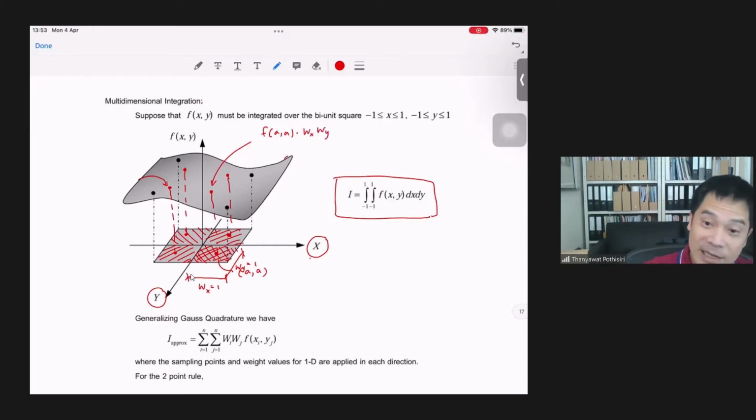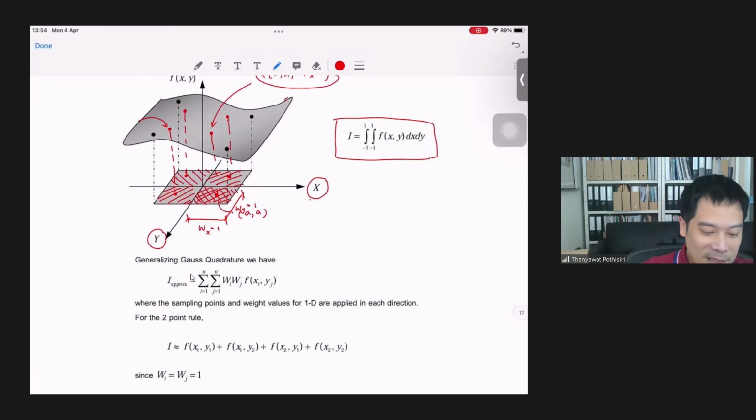So how do I obtain the volume of the total prism? I sum this for each of the 4 quarters together. That's what this equation is telling you.